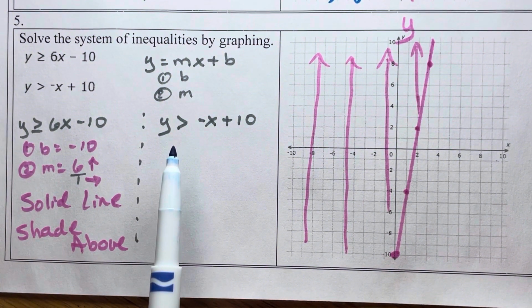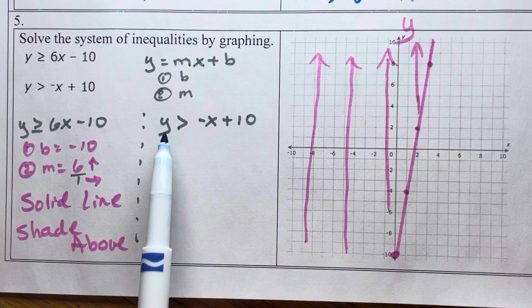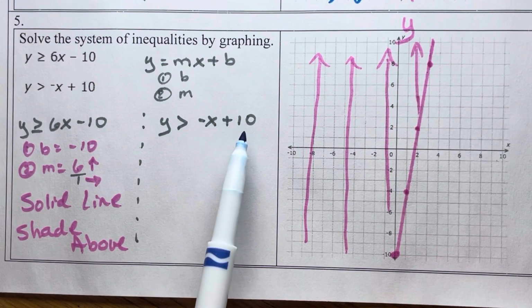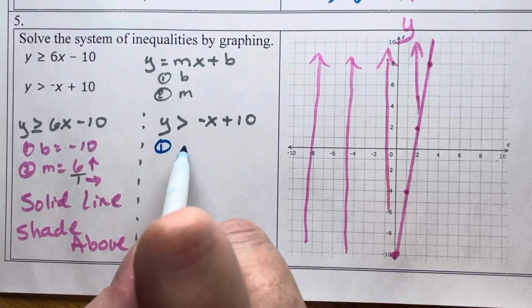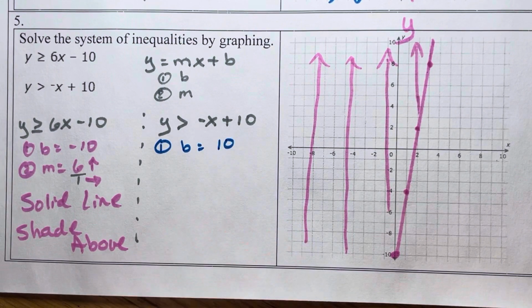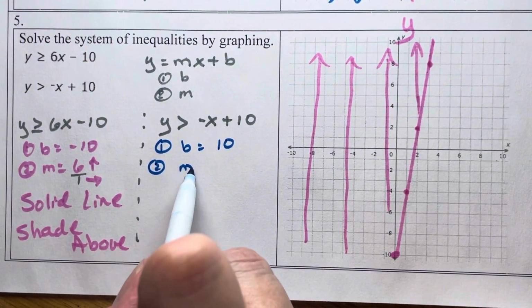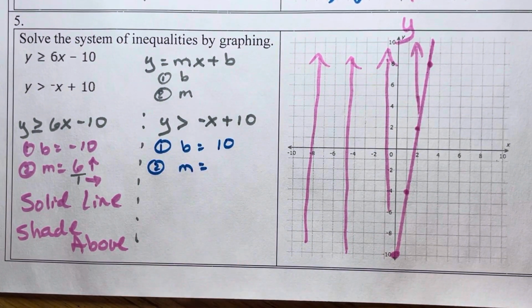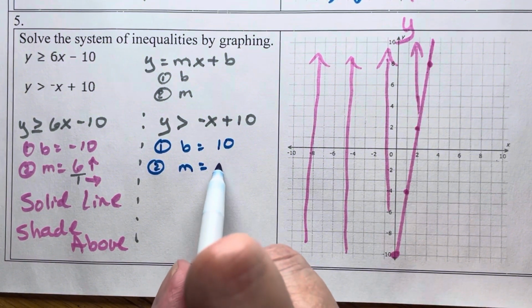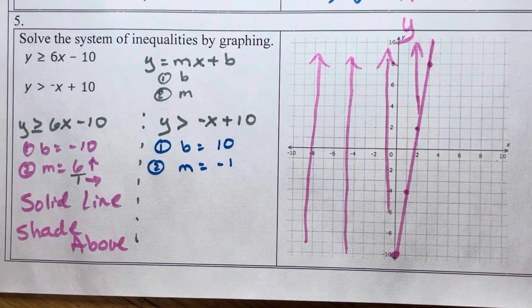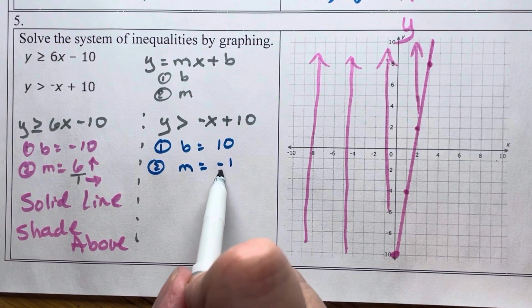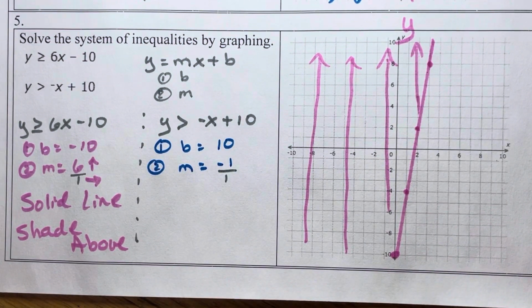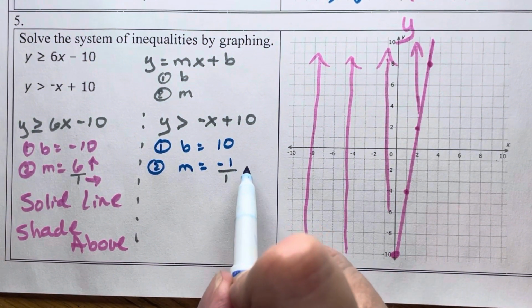Let's look at our second inequality. Y is greater than negative x plus 10. So our y-intercept is positive 10, and our slope, because there's only a negative in front of the x, is that of negative 1. Because we need a rise and a run for our slope, we've got a fraction by placing a 1 underneath of it.